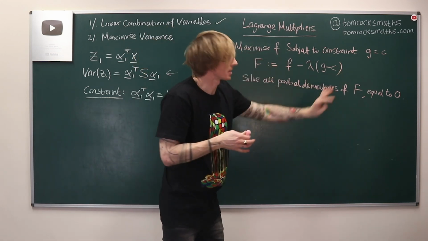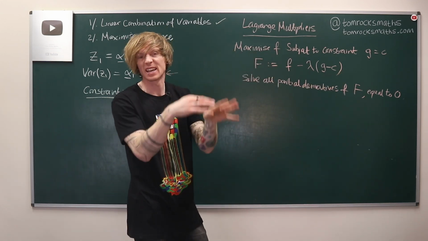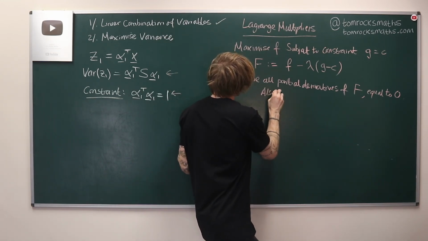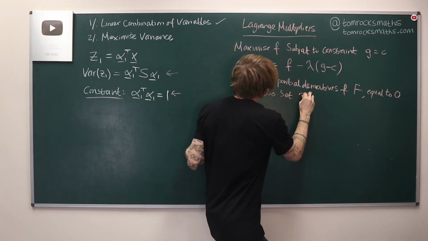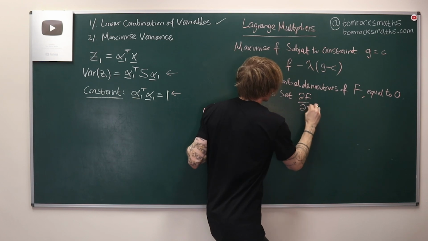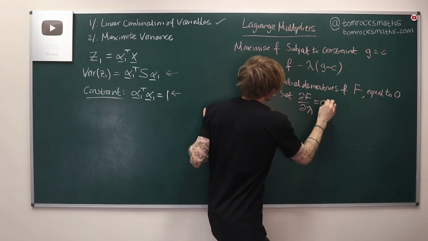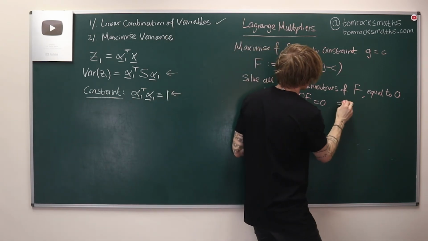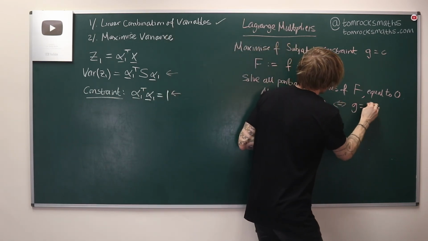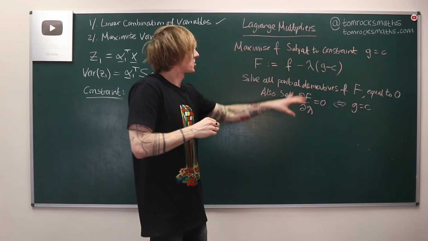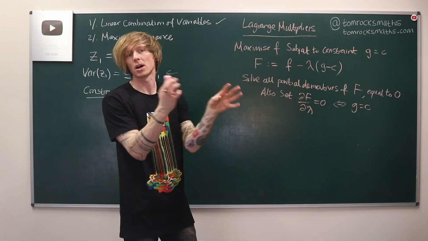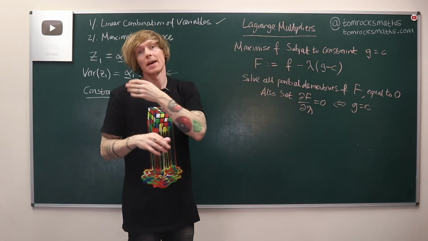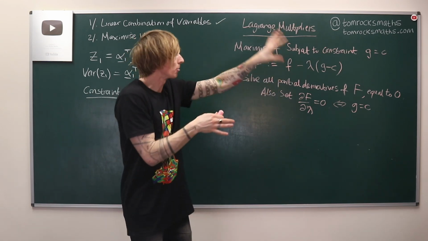So you would differentiate F with respect to x, y, and z, set those to 0. But you also set dF by d lambda equal to 0. So that will actually just give you back your constraint. So that's actually just equivalent to saying that g must be equal to c, but it's just handy to kind of think of it in this partial derivative context. So lambda here is your Lagrange multiplier. That's just some variable we introduced to help us solve this problem.